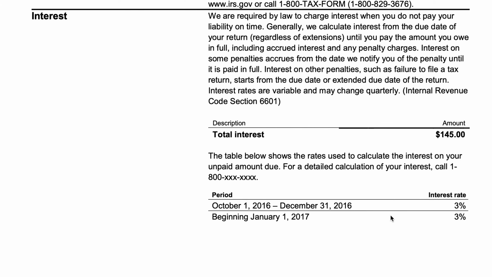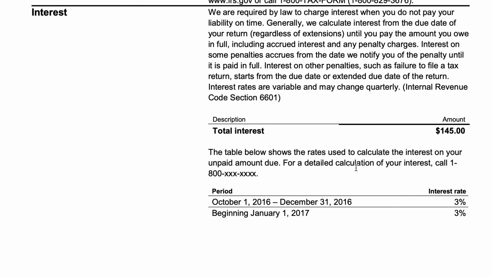The IRS is required to show the periods of time in which interest is being accrued and what the interest charge was for that period of time. So in this case, from October 1st of 2016 to December 31st of 2016, the interest rate was 3%. And then apparently starting on January 1, 2017, it stayed at 3%.